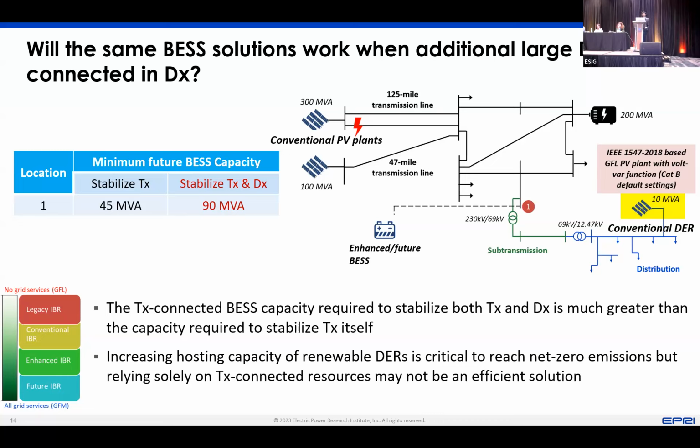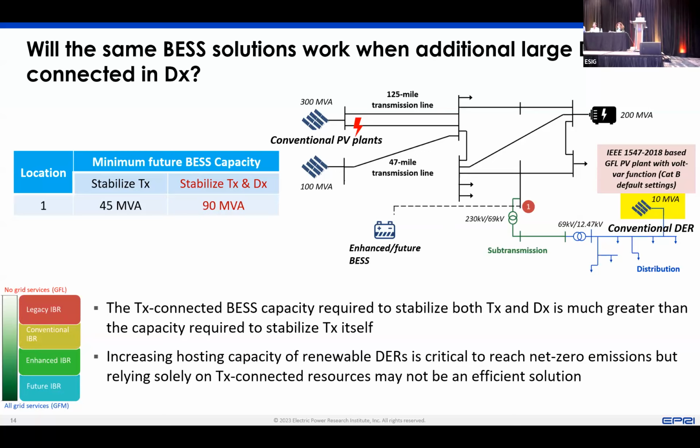So now, if we needed to add more resources on the transmission system in order to stabilize the resources on the distribution network, then essentially it means that the distribution network is dependent on the transmission network and the resources in the transmission network and that particular location in order to improve the stability, in order to improve their behavior.